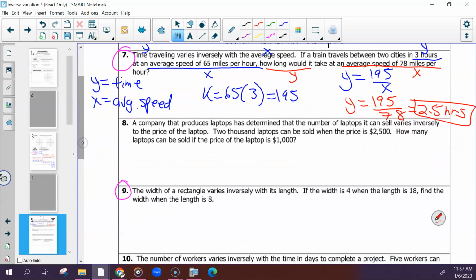Let's do another. For number 8, a company that produces laptops has determined the number of laptops it can sell varies inversely to the price. So that means number would be our y, price would be our x.